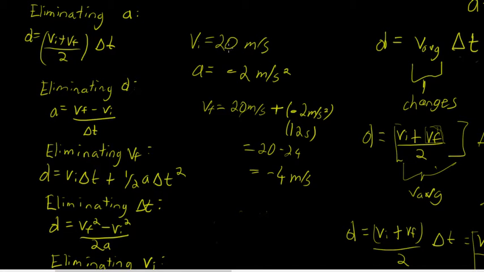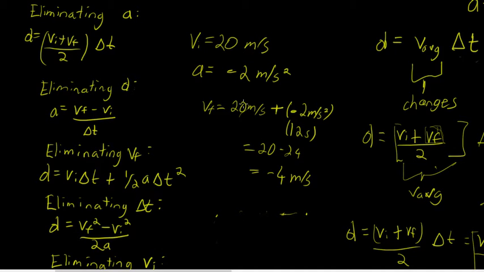Let's say we had a car that initially was traveling at 20 meters per second and was accelerating at -2 meters per second squared, or really it's slowing down at 2 meters per second every second. We know that at some point it's going to turn around, right? Because we saw after 12 seconds its velocity is -4 meters per second, so it's heading 4 meters per second in the opposite direction.